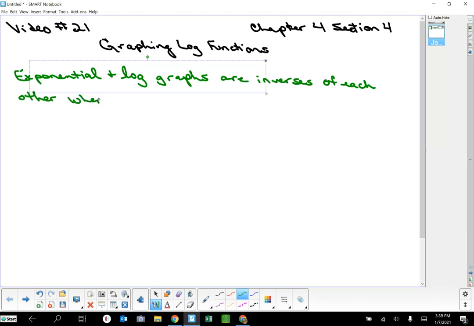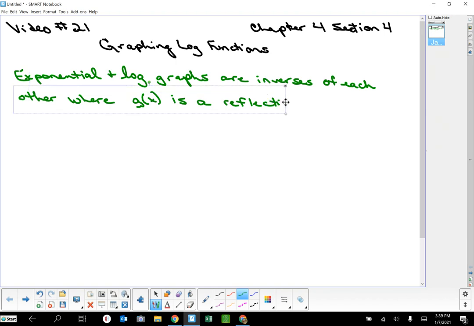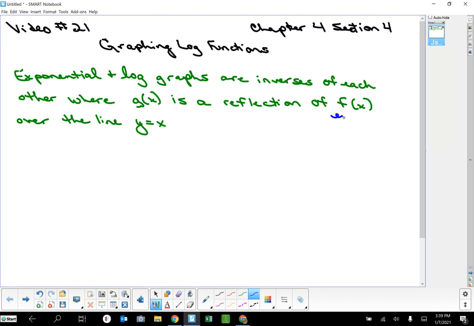Where g of x, this will make more sense after we actually plot them, is a reflection of f of x over the line y equals x. So we're going to make f of x our exponential, and we're going to make g of x our log function.